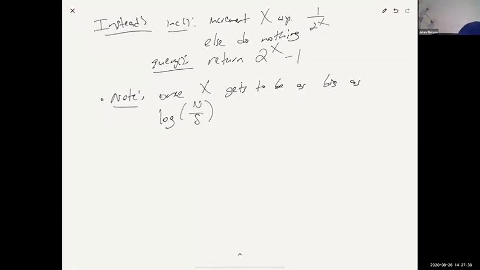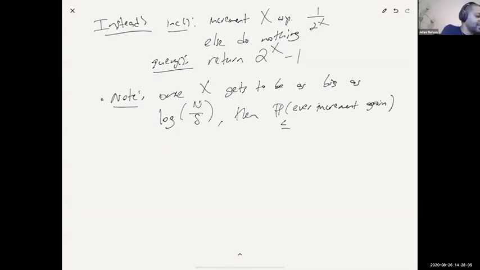Do something like this. Then the probability that I ever increment again is at most... well, if I do a union bound, there are at most n increments remaining.